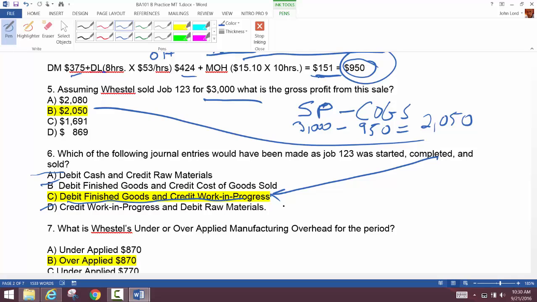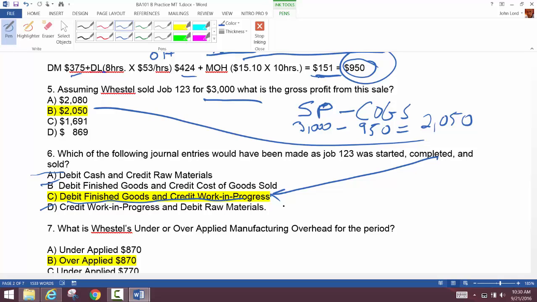Now I have to apply some direct labor, and let's say my direct labor is $8 an hour for 10,000 hours. That's 80,000, right?